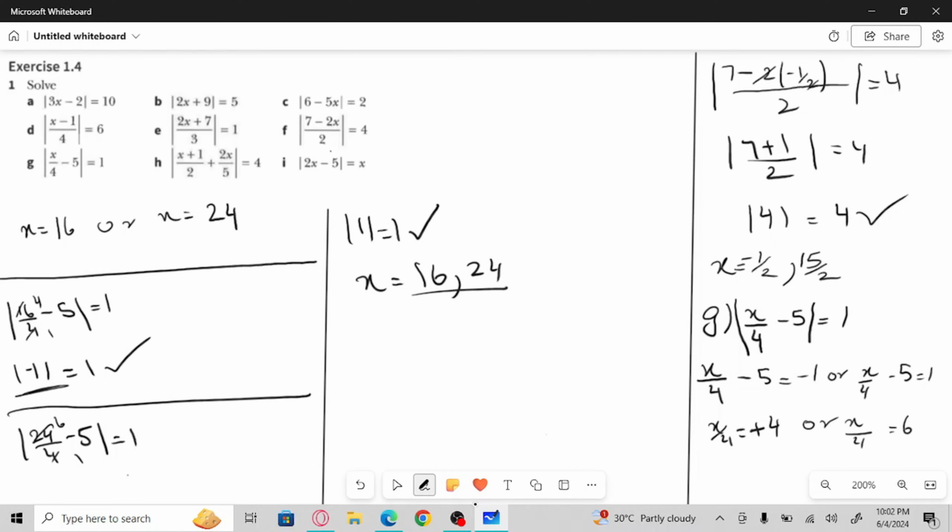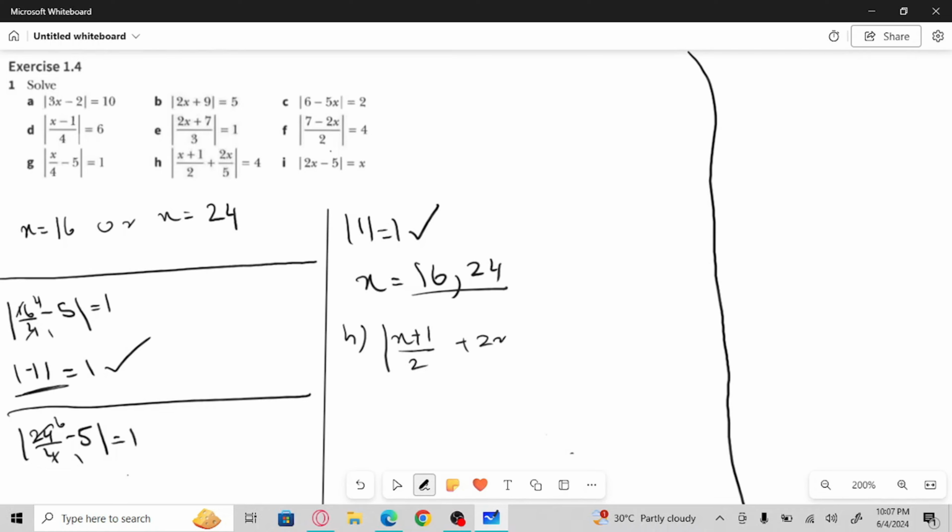So now for part h, we are going to say that |(x + 1)/2 + 2x/5| = 4. Let's do this really carefully. (x + 1)/2 + 2x/5 is equal to 4, or (x + 1)/2 + 2x/5 is equal to negative 4.